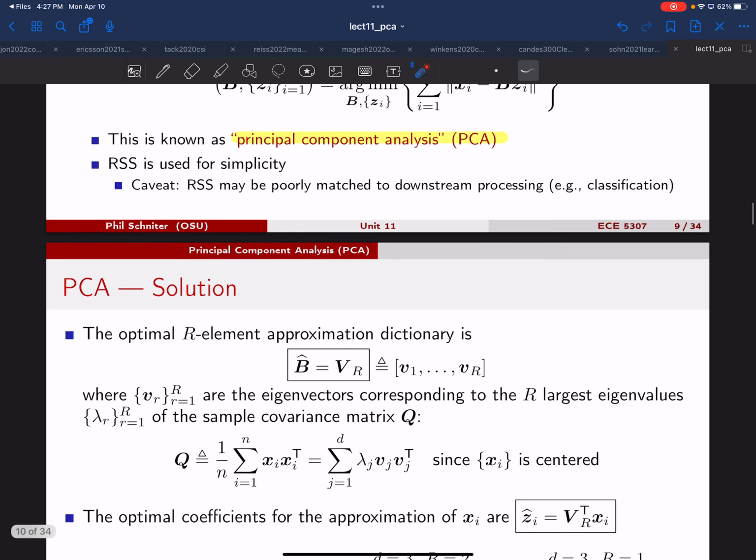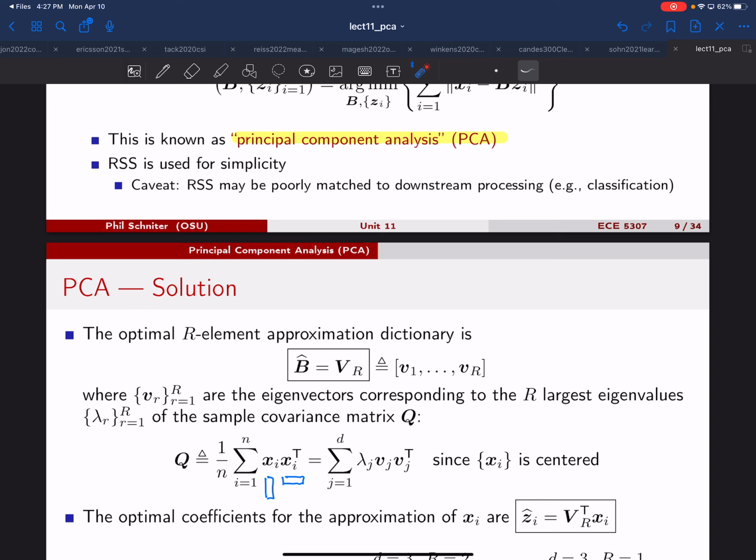So the sample covariance matrix is this. We talked about sample covariance way back in lecture 2. This is like column times row, so each one of these is a matrix. It's a rank 1 matrix, but then when you average them, you build up the full covariance matrix.